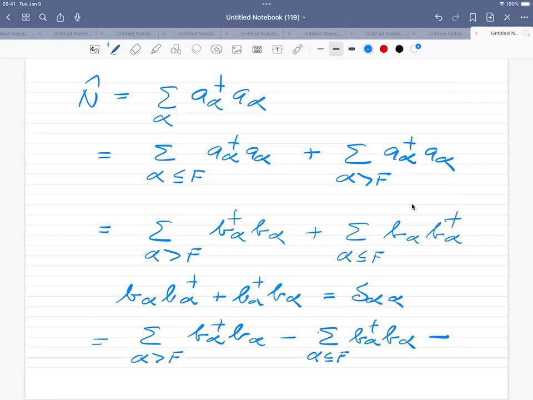But then I have a Kronecker delta, which is now something which applies to the states below the Fermi level. So if you go back here, we have a sum over the Fermi level, and now I have a Kronecker delta. So this sum is limited to up to the number of particles.